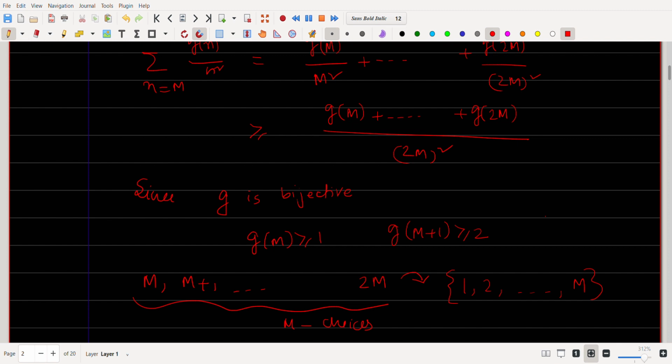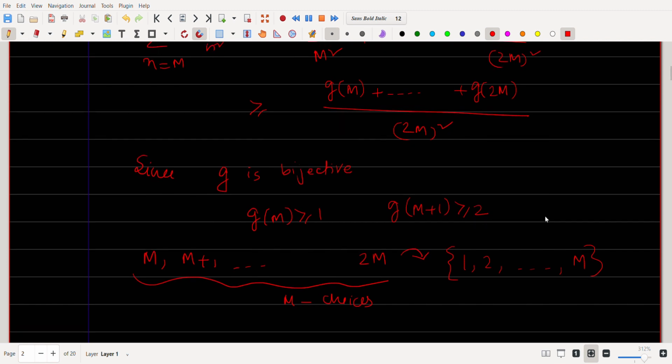That can happen, but I am saying that since M choices are there and G is bijective, at least the smallest possible value this set can take is 1 up to M. That is obvious. It can be, say, starting from 2 to M plus 1, or it can be, say, 2, 5, 7, 1000 and so on. But I am talking about the minimal possibility, and the minimal possibility is this.